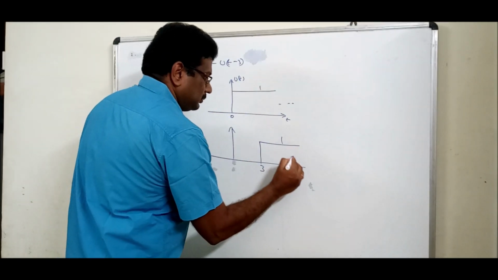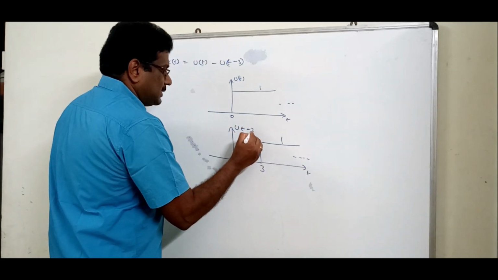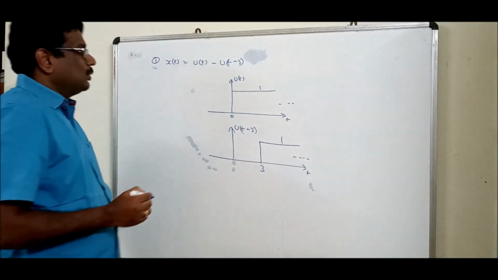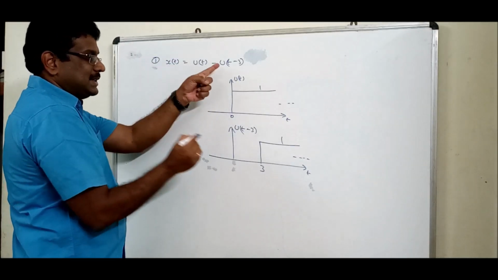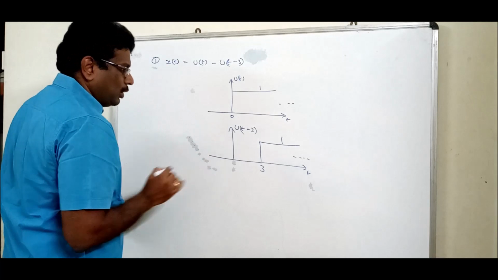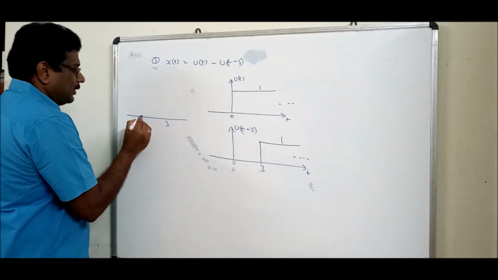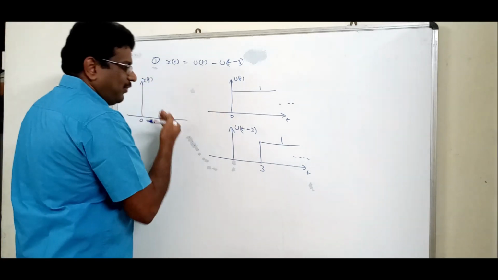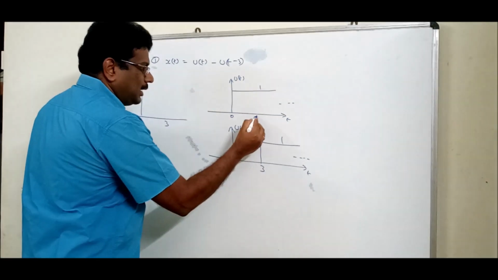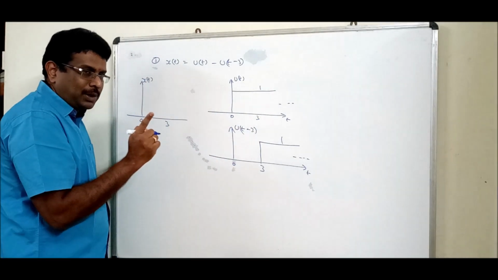So this is u of t minus 3. What should I do? This signal minus this signal. Let us calculate directly. Before 0, there is no value: 0 minus 0 is 0, I am talking about amplitude.